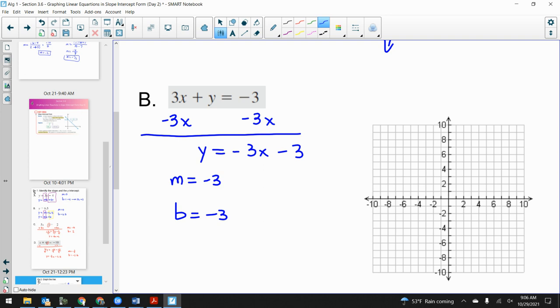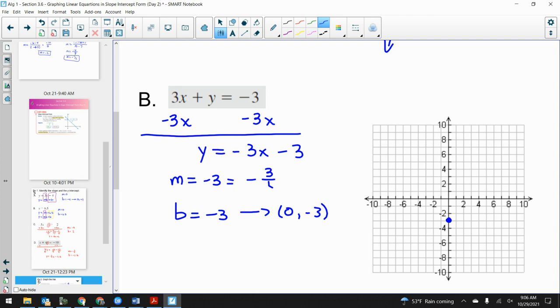M and B. All right, now we start here. We start at the coordinate. This is 0, -3. Start there. Then use your slope to create more points. Now, my slope is negative. Be careful with that. My slope is negative. So as I go to the right, I'm going to continually go down. That means this slope is -3. So it's -3 over 1.